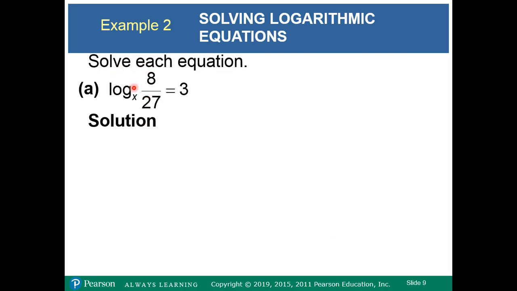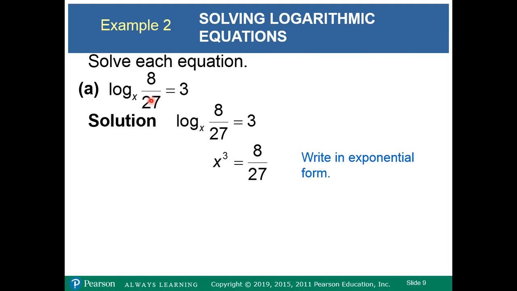So let's solve this. Solve each equation. So we have log base x of 8/27 equals 3. So in other words, well, how do we solve this? Well, x raised to the third power equals 8/27. So let's write it in exponential form. And now that we have an exponential form, we can look at how we can rewrite this as something raised to the third power.